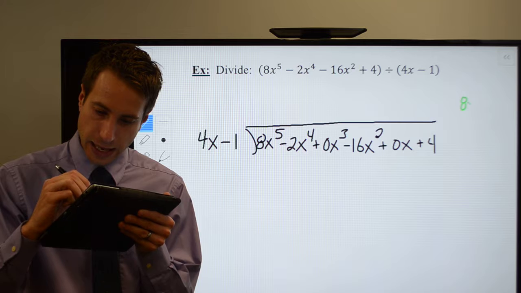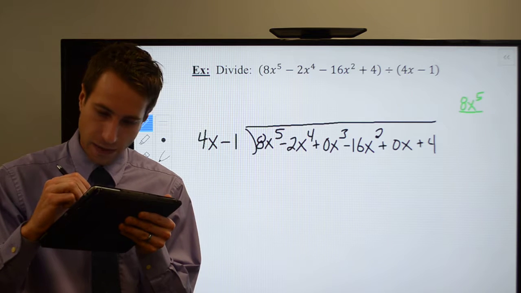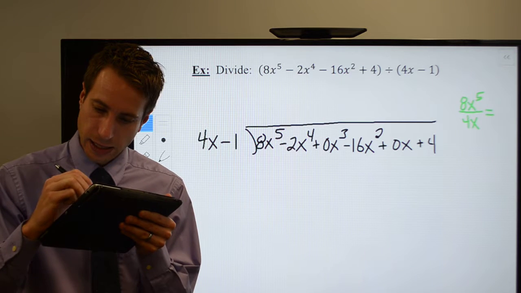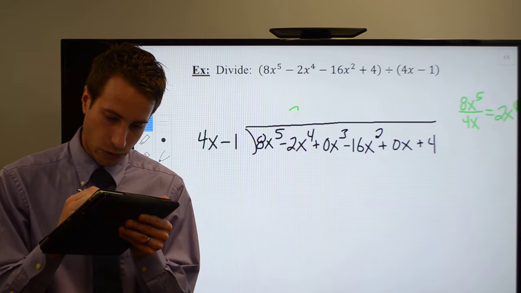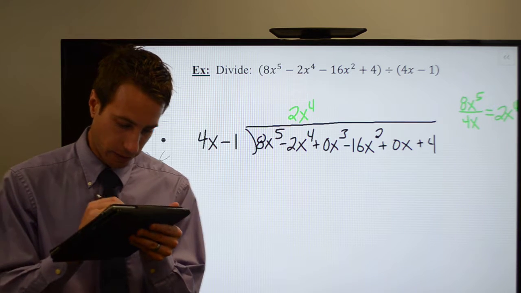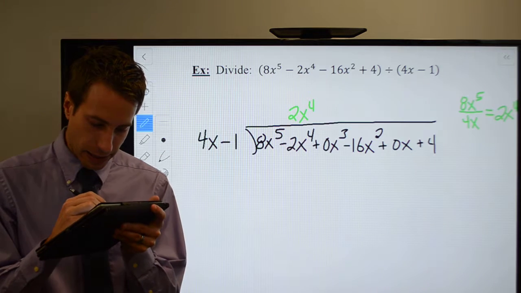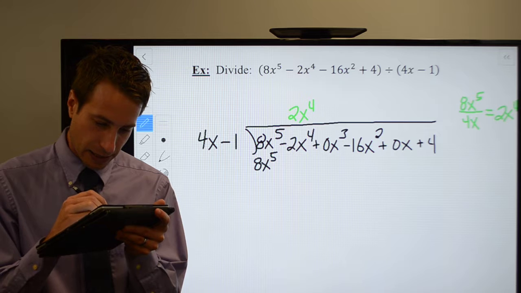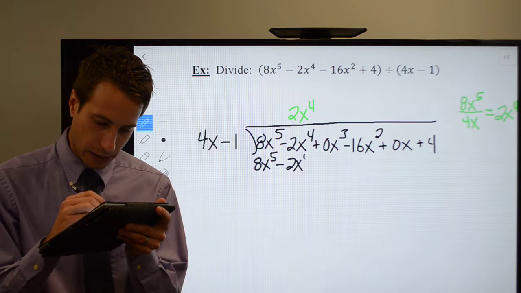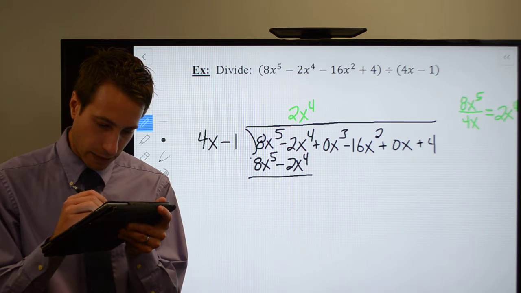So 8x to the 5th divided by 4x is going to give me 2x to the 4th. That's going to give me 8x to the 5th, and that's going to be a minus 2x to the 4th. That's interesting.